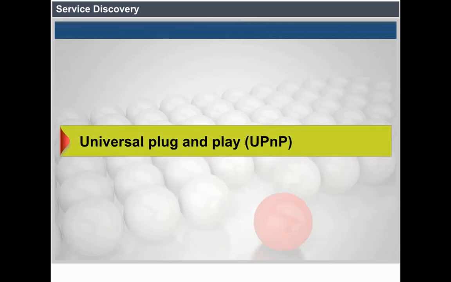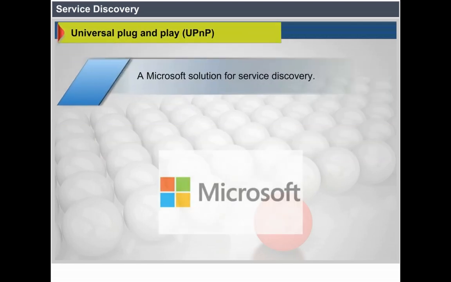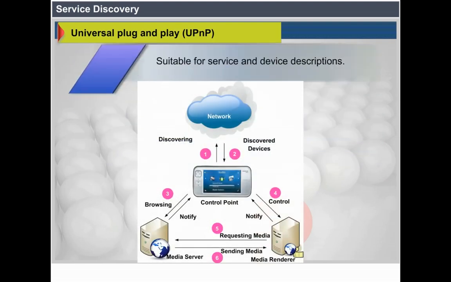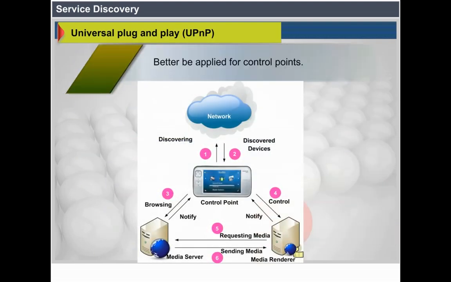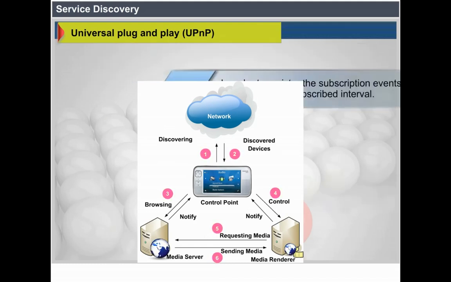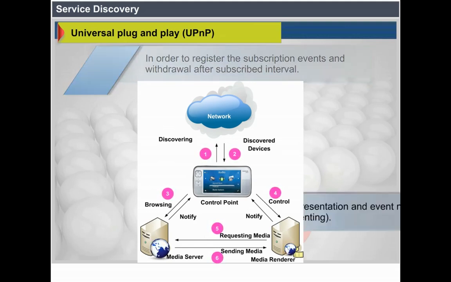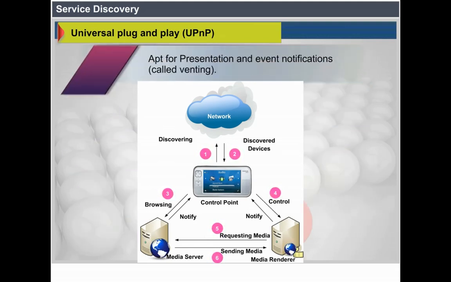Universal Plug and Play (UPnP), a Microsoft solution for service discovery, for service and device descriptions, for use of control points, for registering the subscription events and withdrawal after subscribed interval, for presentation and event notifications called eventing.